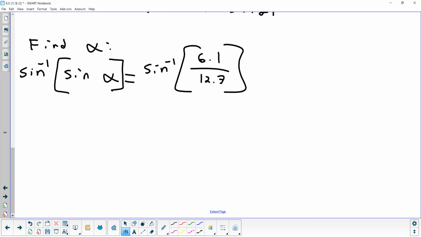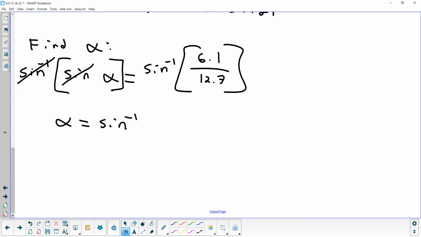You can use brackets, you can use parentheses, whatever, it doesn't matter. But I'm plugging everything on the left into the inverse sine function, and I'm plugging everything on the right into the inverse sine function. I did the brackets because I want to really emphasize there is no multiplication. Sometimes people see parentheses and they think, oh, multiplication. No, no multiplication. Just like square and square root cancel each other out, so do inverse sine and regular sine.